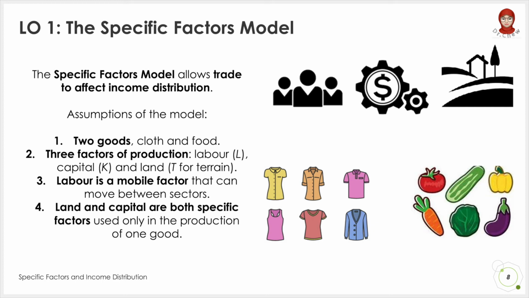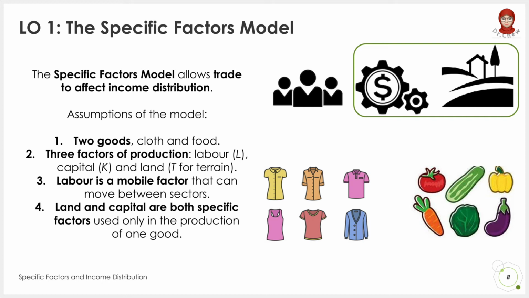Third, among these three factors, labor is a mobile factor that can move between industries or sectors. Fourth, capital and land are both specific factors which are used only in the production of one good.